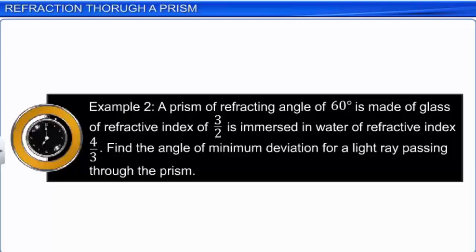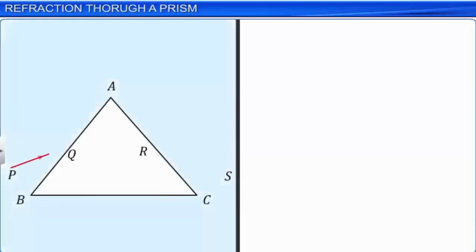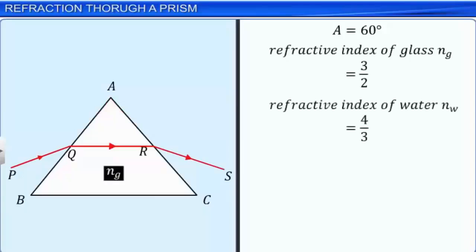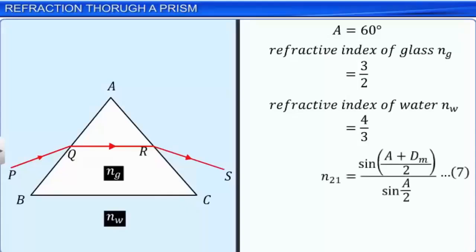On substituting the respective values, we get (3/2) by (4/3) is equal to sin((60 + dm)/2) by sin(60/2). On simplification, we get dm is equal to 8.46 degrees.